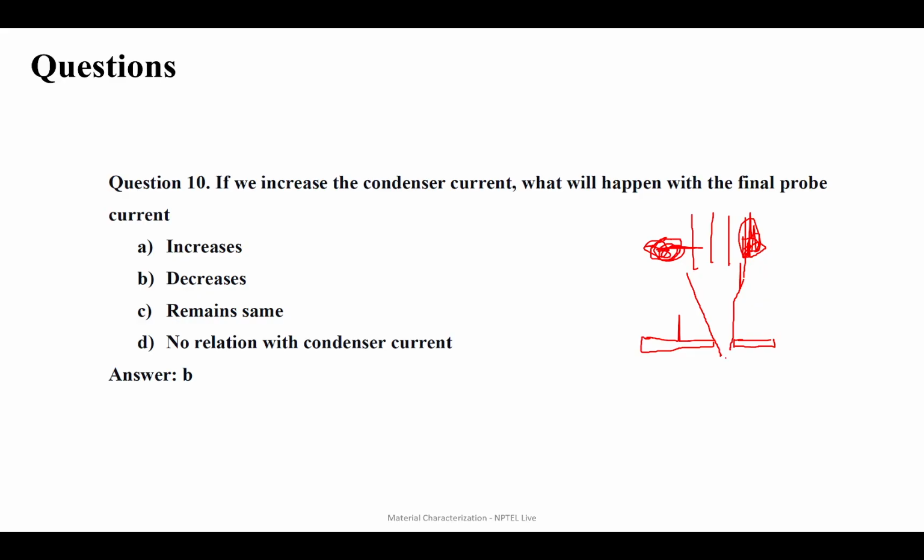Because both are proportional. Your probe diameter and your probe current are proportional. So higher probe current will mean higher probe diameter. So now if I increase the strength of my condenser current, I will reduce my focal length.